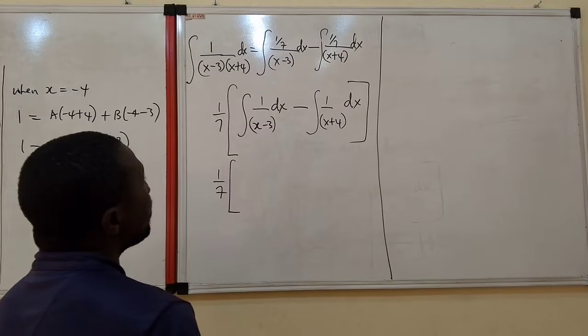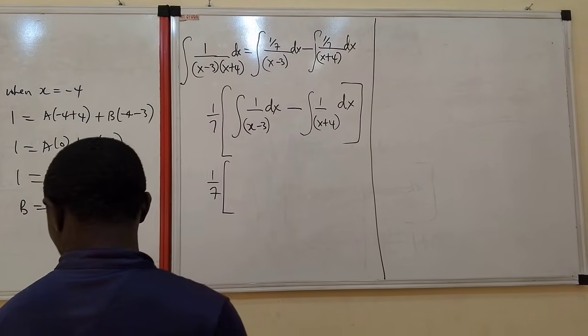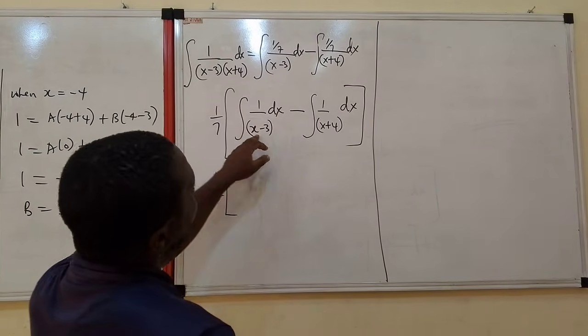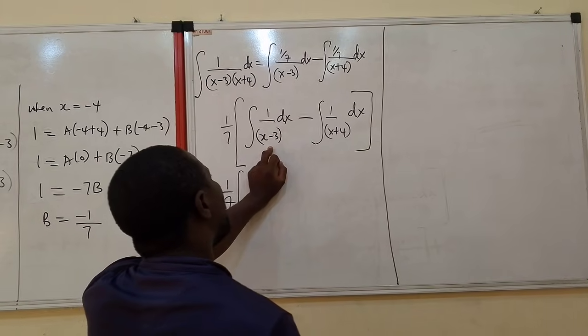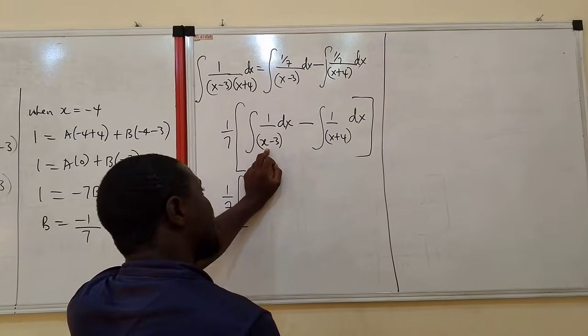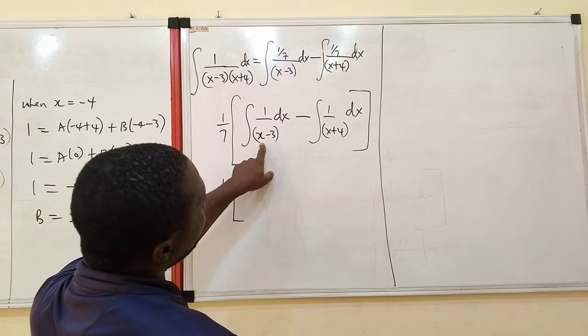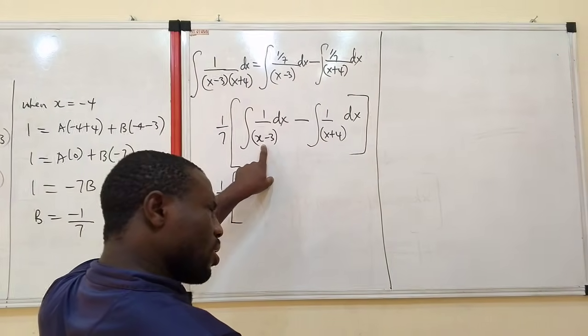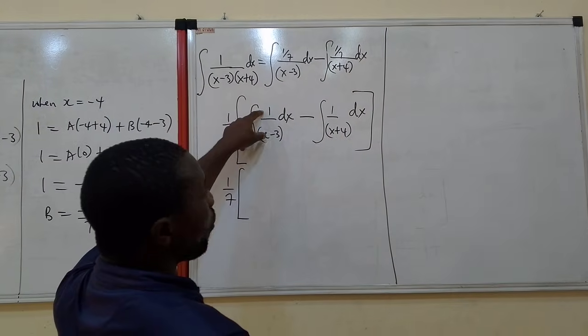Now, this one, how do you integrate it? Very simple. You look at the denominator. The denominator here is x minus 3. If we differentiate it, we are going to get the numerator 1.